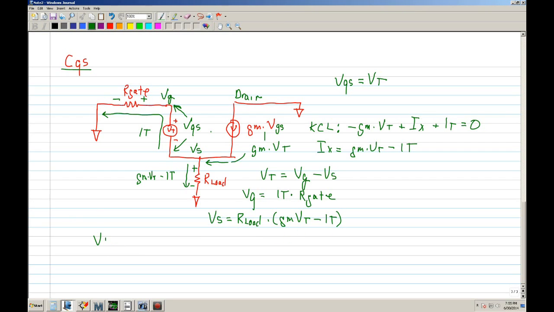So now we can say that VT is equal to, like I said before, VG minus VS. So we can say that it's IT R gate minus R load times GM VT minus IT.